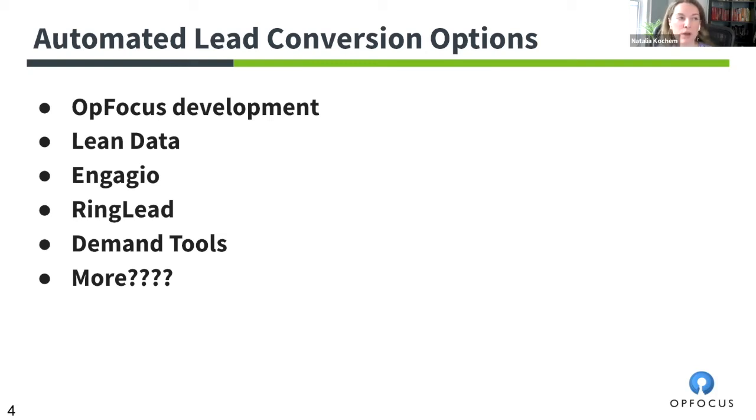Engagio, I haven't had direct experience with, but I know, again, it's another marketing tool. They will often promote themselves as an account-based marketing, an ABM tool. Recently, working with E2Open, we learned they have a feature for this auto lead-to-contact conversion.